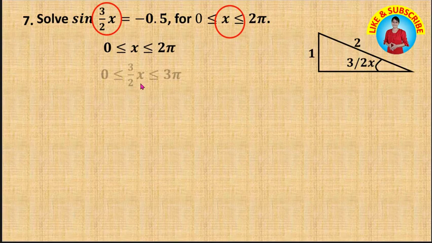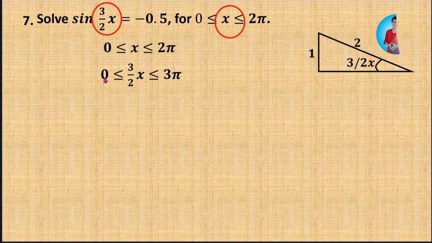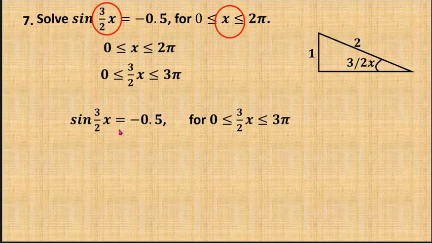So, I multiply the range by 3 over 2, where 0 times 3 over 2 is 0, and 2 pi times 3 over 2 is 3 pi. Then, the range of the angle 3 over 2 x is from 0 to 3 pi.